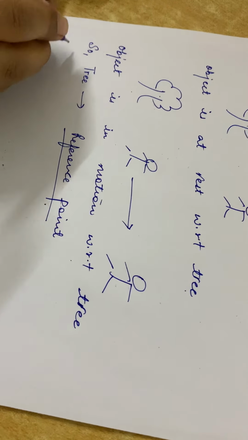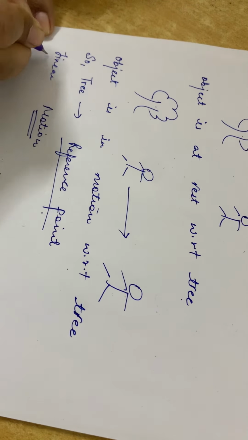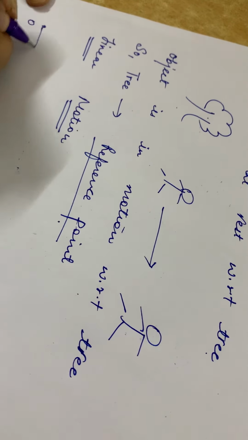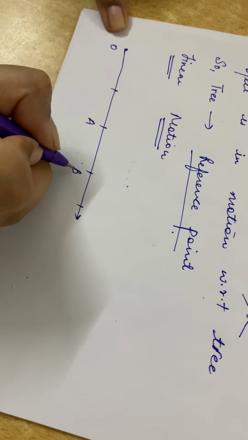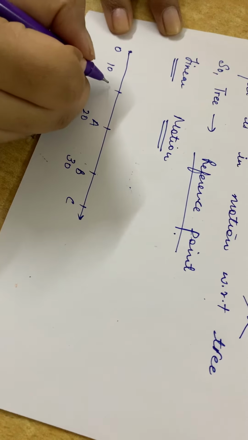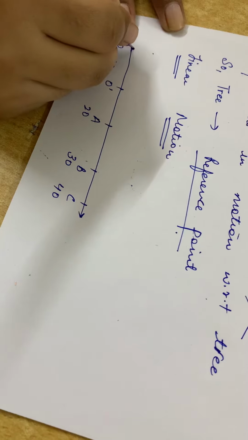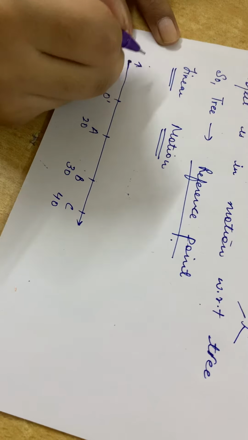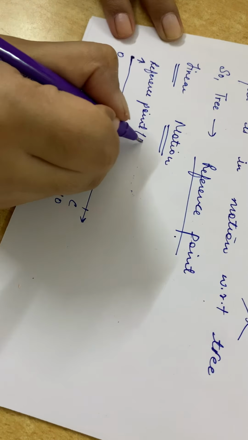Now, let us understand about linear motion in detail by taking several more examples. Suppose you are standing here at point O. I am taking here different distances and different positions A, B, C: 10 kilometer, 20 kilometer, 30 kilometer and here it is 40 kilometer. A person is standing here at position O, so we are giving his journey from the position O. So position O is known as reference point, or you can state it as origin.